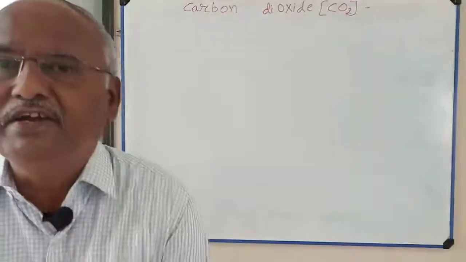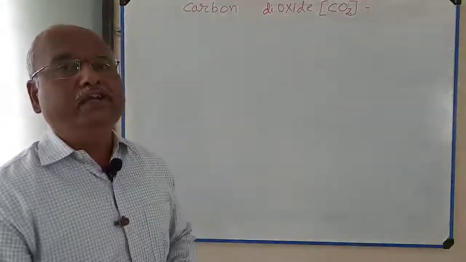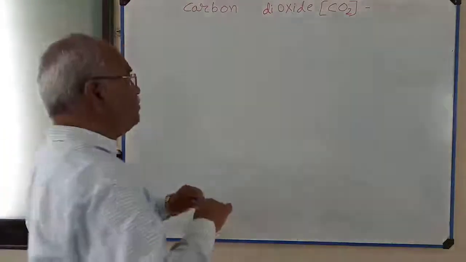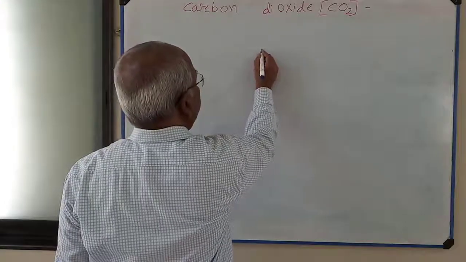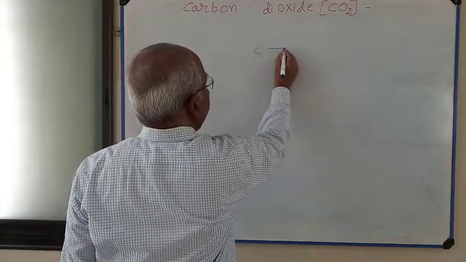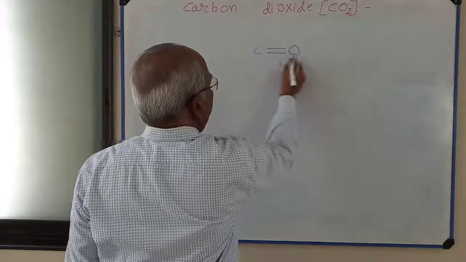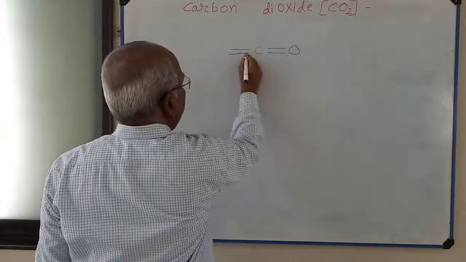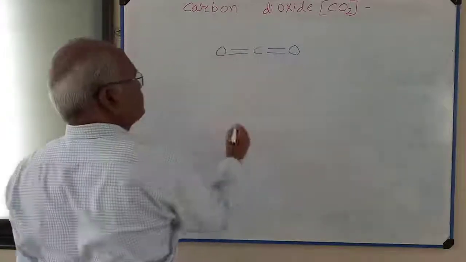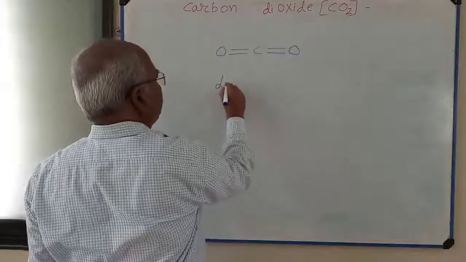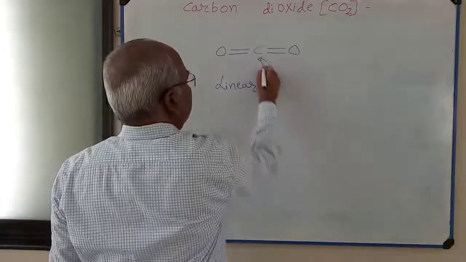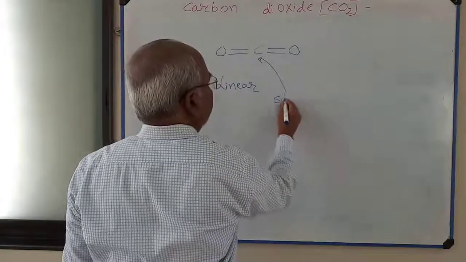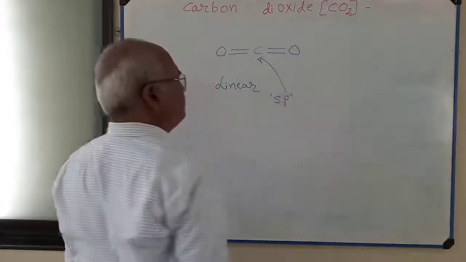Carbon dioxide is a linear molecule. I draw here structure of carbon dioxide molecule. O double bond C double bond O. This is a linear molecule. Carbon undergoes sp hybridization.